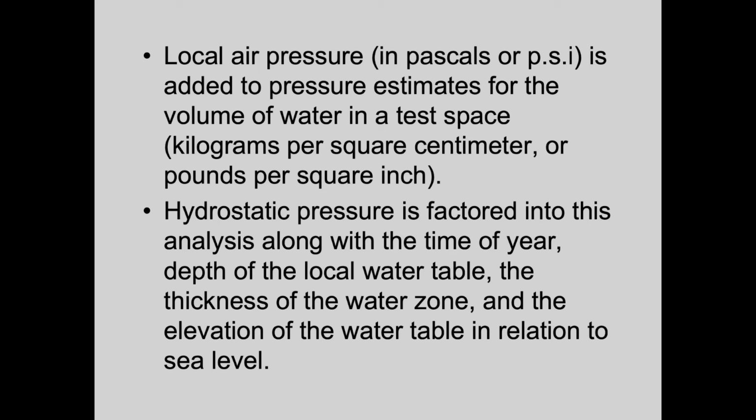So this pressure can be significant. I mean, these are pretty large numbers. Thousands of pounds per square inch are what hydrologists will generally measure these units in. And they will ultimately incorporate the depth of the water table, the thickness of the water zone, and they will also consider the overall elevation above mean sea level, depending on where the landscape is, in terms of where that water table is.